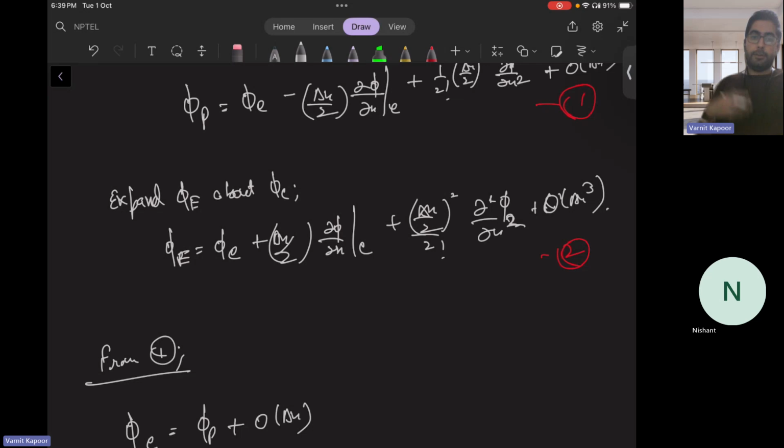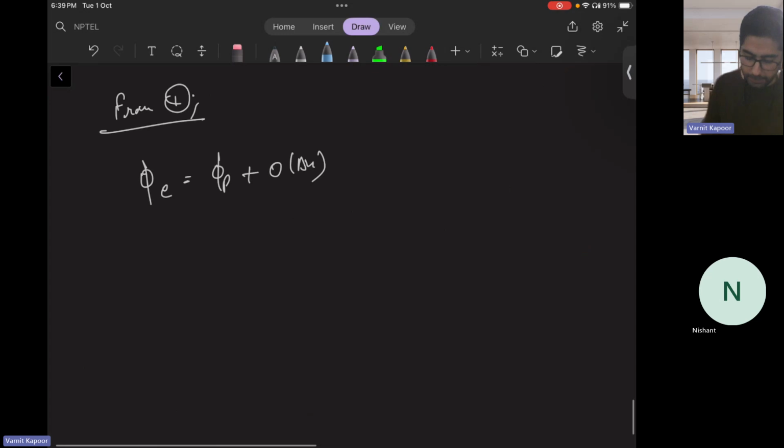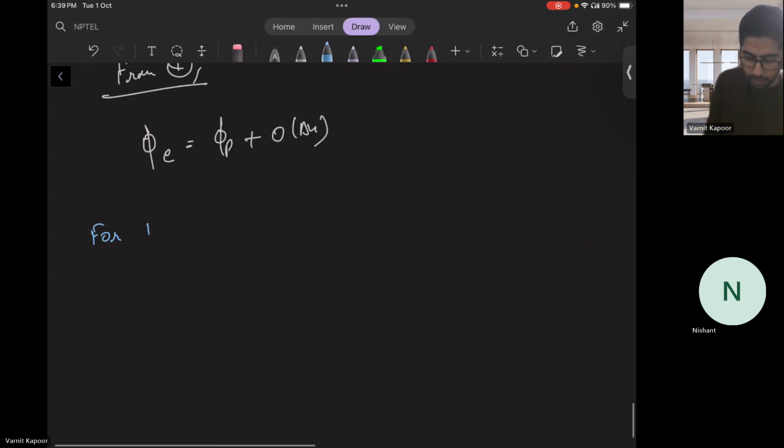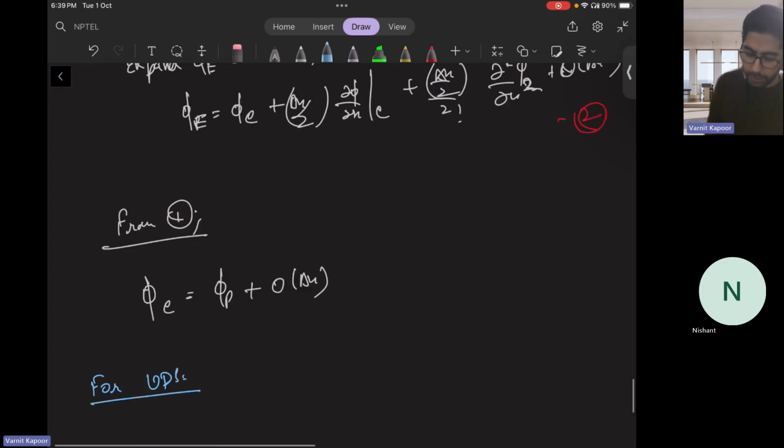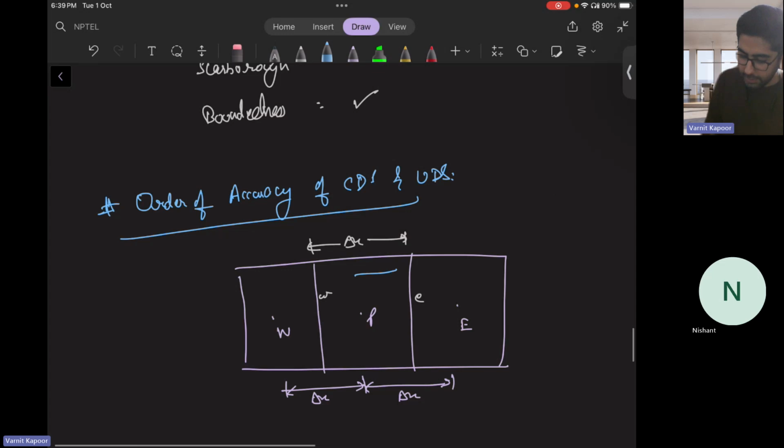for UDS, if your Fe is greater than 0, phi e will be by the upwind differencing scheme. You know that if Fe is greater than 0, flow is left to right, the tail is here, so phi e will be phi p. Just now we have seen.